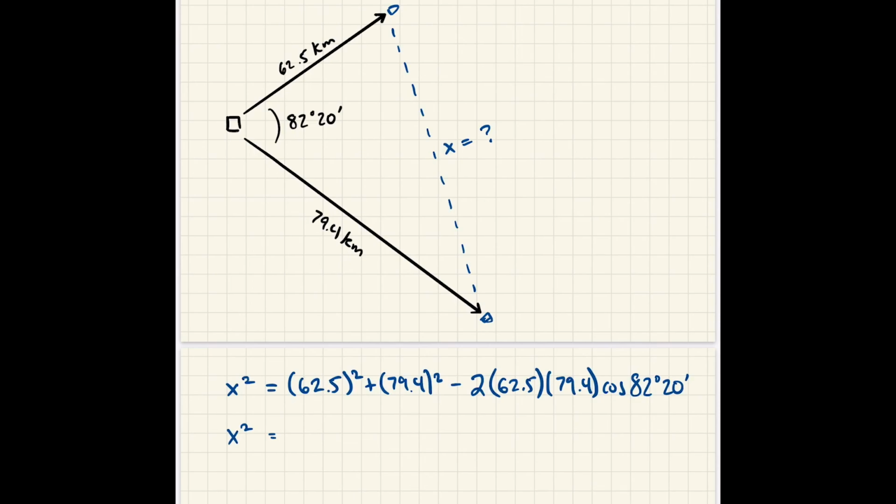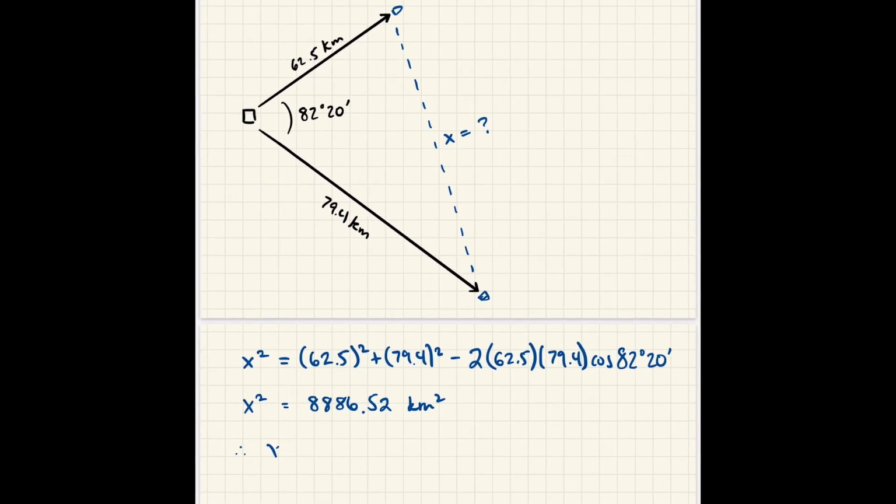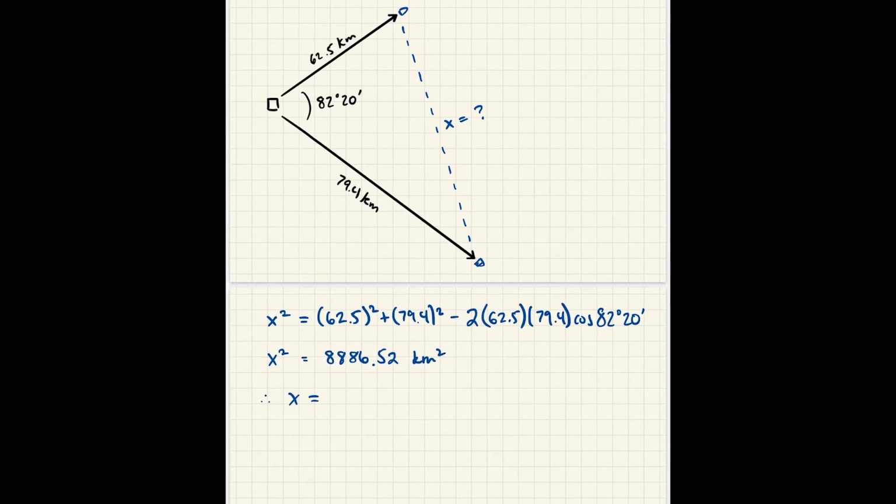I get that x squared is 8,886.52 square kilometers, and taking the square root of both sides, I get that x is 94.2683, and answering the question using the precision given in the original measurements, we will say that the two boats are 94.3 kilometers apart. So, yeah, no problem. You can swim that.